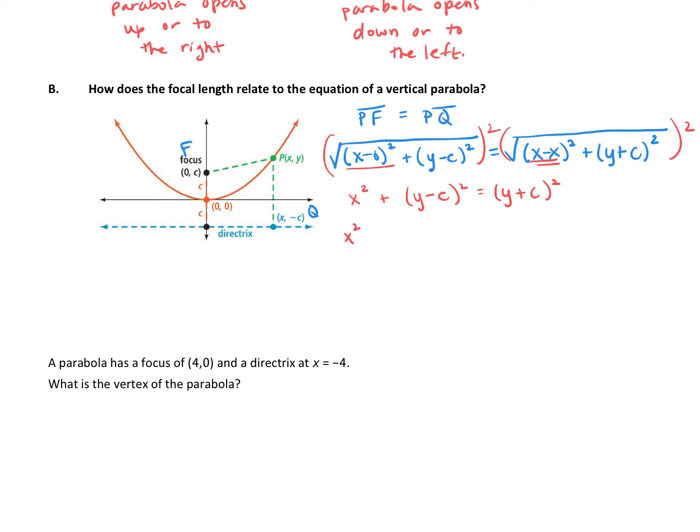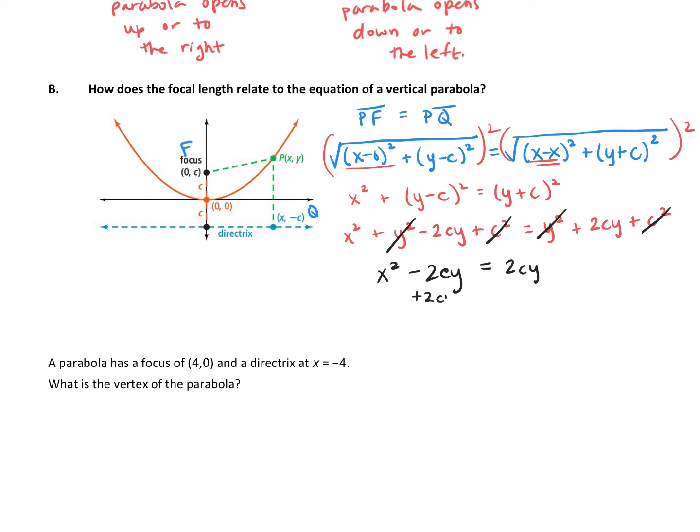Okay, so let's square those binomials. On the left, we'll have x squared plus y minus c times y minus c, which is y squared minus 2cy plus c squared, equals y plus c squared, which is y squared plus 2cy plus c squared. All right, do we have anything that we can cancel from both sides of our equation? I see a positive y squared canceling with a positive y squared, a positive c squared canceling with a positive c squared. Let's carry down what we have. We have x squared minus 2cy equals 2cy.